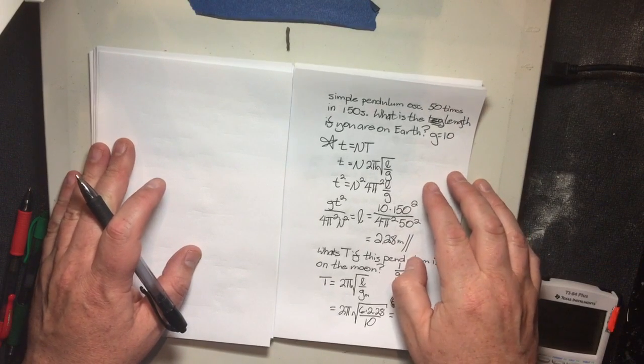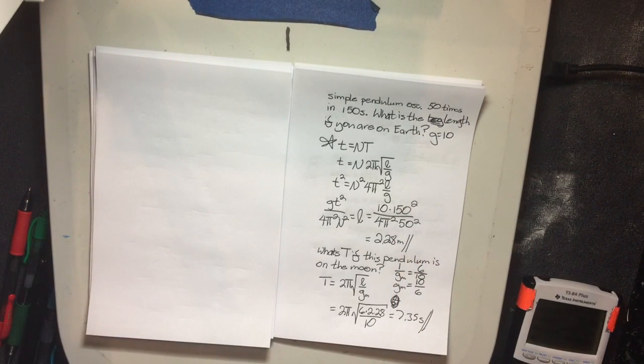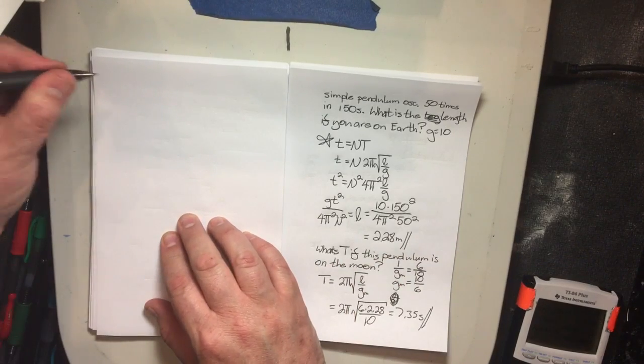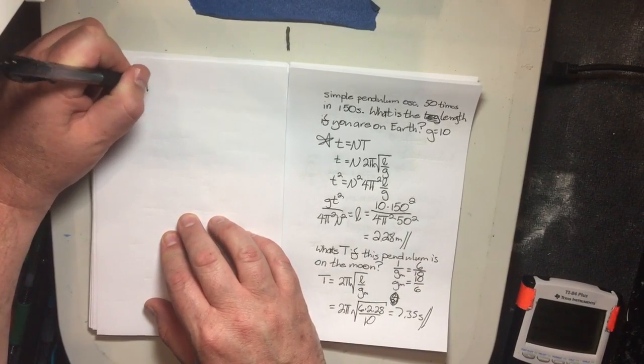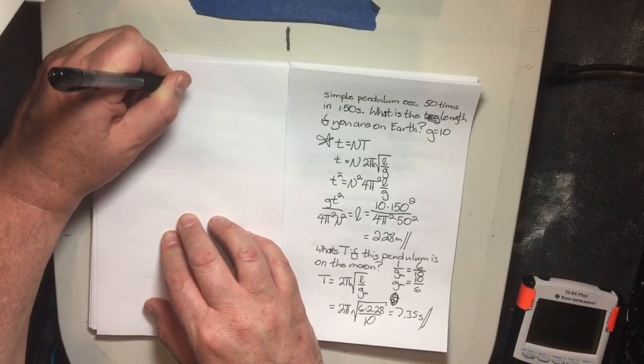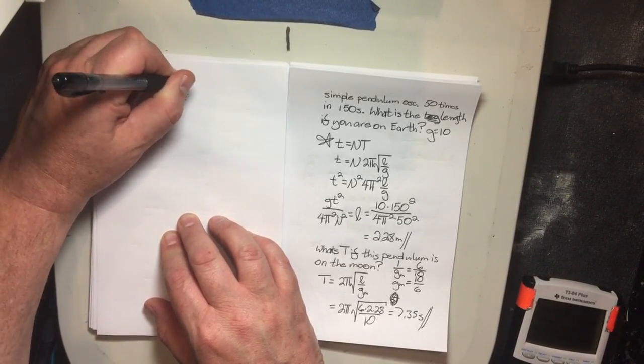Okay, now back to the other type of pendulum, the spring pendulum. For spring pendulums, the period is 2 pi square root of m over k.